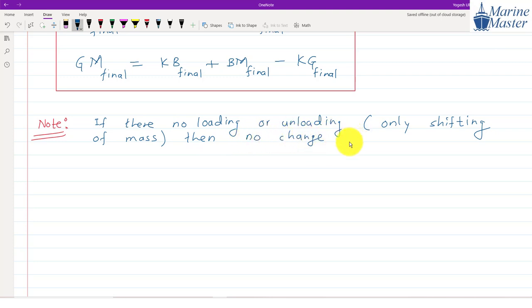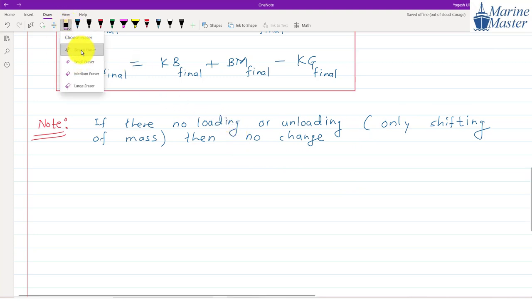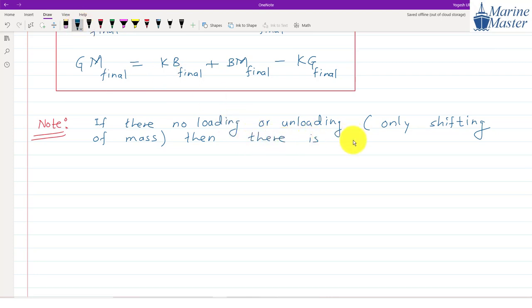What is the meaning of mean draft? All those things we will see in our upcoming discussion of longitudinal stability. Let me write down proper wording. Then there is no change in mean draft.